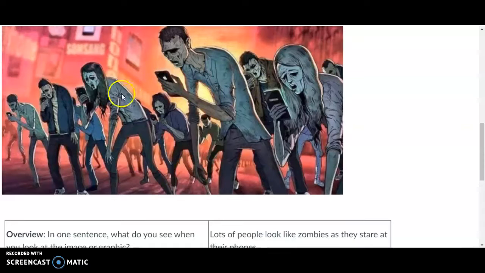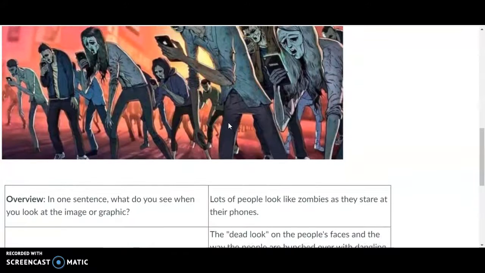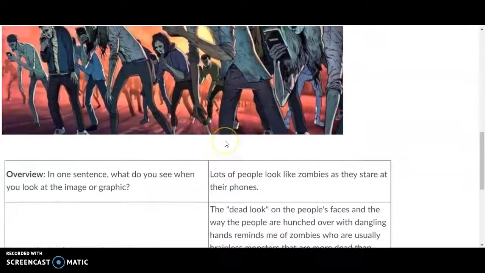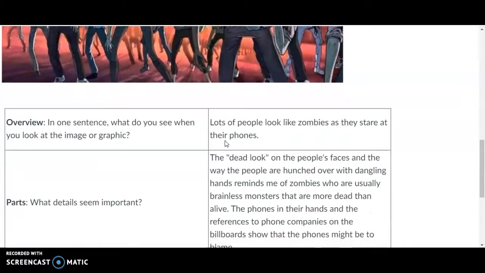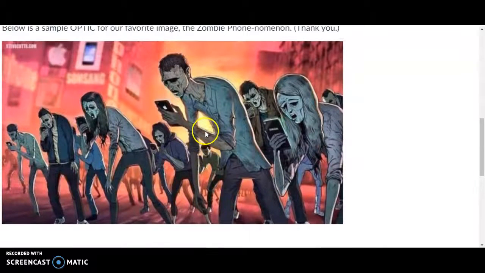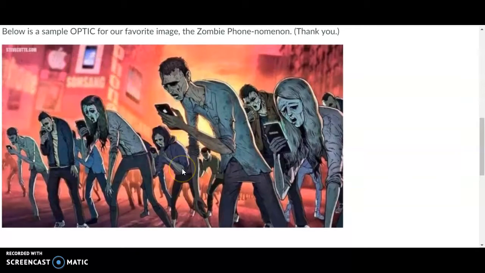And this reminds us of zombies, which are brainless monsters that are more dead than alive. Okay. And then the phones with the Apple logo, the Samsung logo, and the advertisements in the background give us a signal that they are to blame for the zombies.